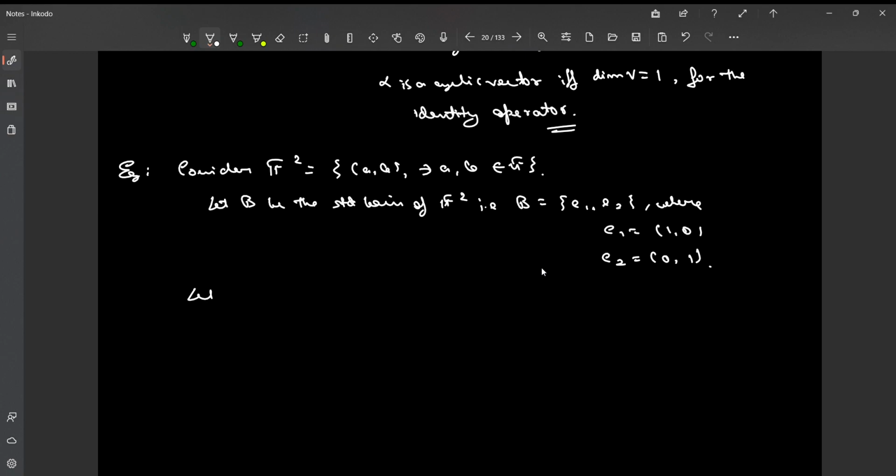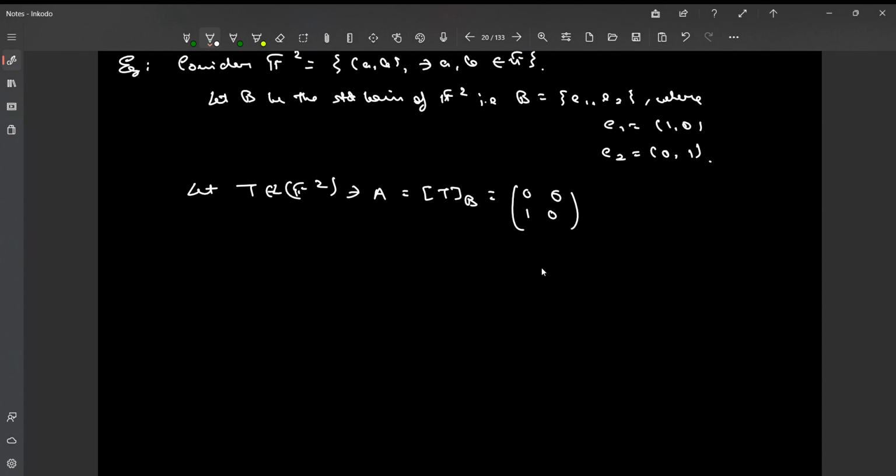We choose an operator on F^2. Let T be an operator on F^2 such that the matrix of T with respect to this ordered basis is this matrix, 0 0 1 0. Clear? What can we say about the existence of a cyclic vector? So we choose the vector E1.